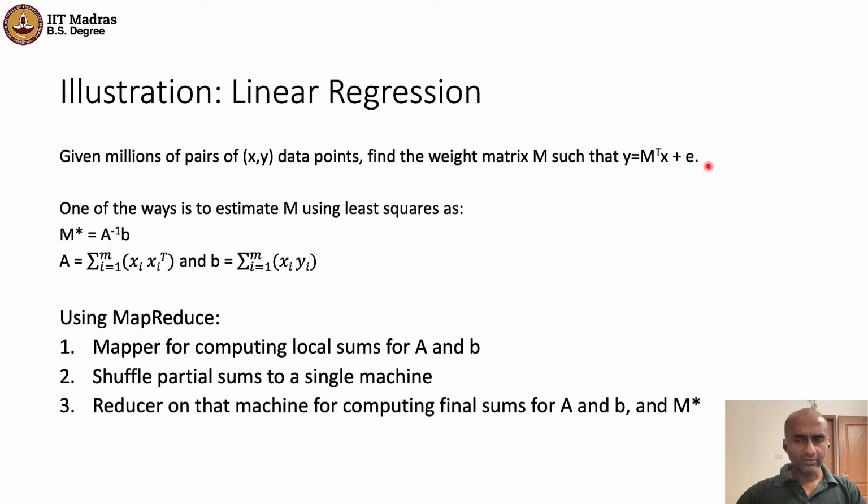So the way to think about this is there is a weight matrix M transpose, which gets multiplied by X, and then there is a small error constant which is added to it, which results in Y. So I need to find an M that best matches what I'm computing as M transpose X against the actual values of Y. In other words, I'm using least squares estimation.